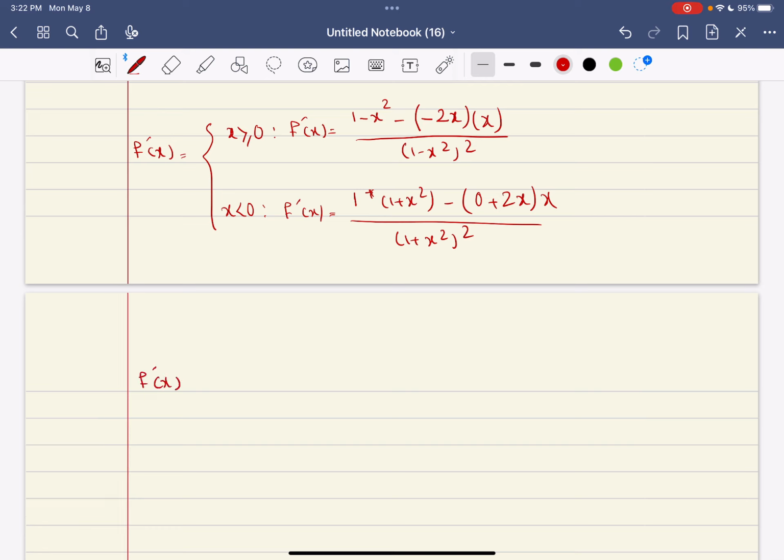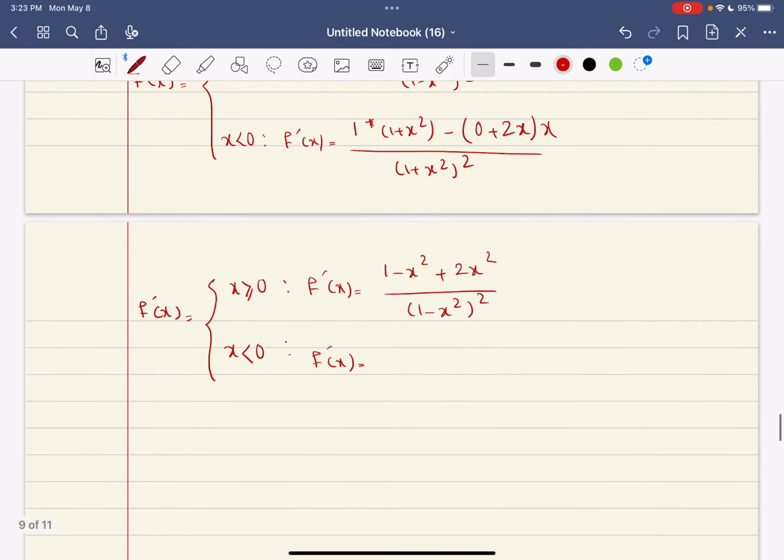Then again, f prime x equals, for x greater than or equal to 0 and less than 0. The upper part would be equal to 1 minus x to the power of 2, and two negative values multiplying each other give a positive answer, so plus 2x to the power of 2 over 1 minus x to the power of 2 to the power of 2.